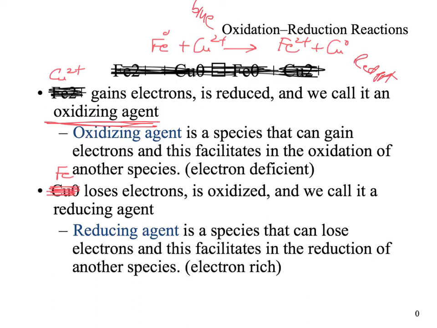Usually, you should know this information, usually metals tend to go through oxidation. And so you would find good reducing agents on the left side of the periodic table.